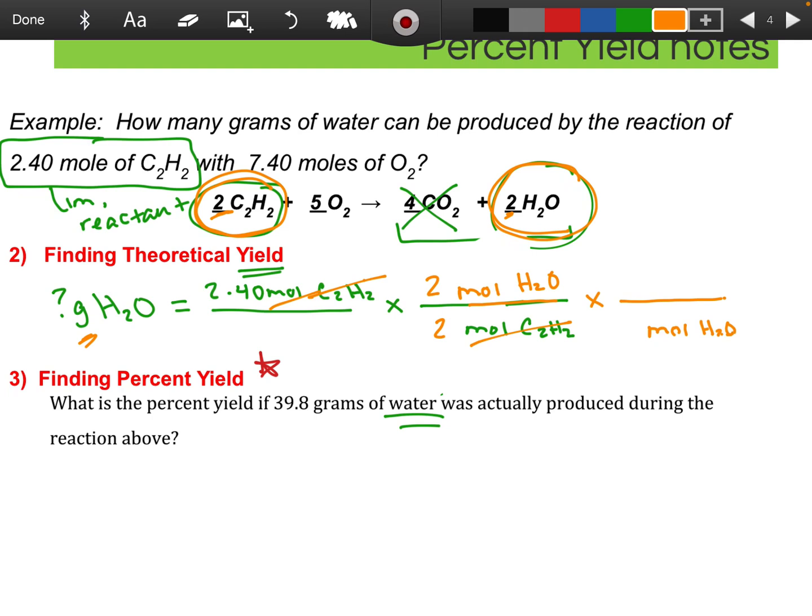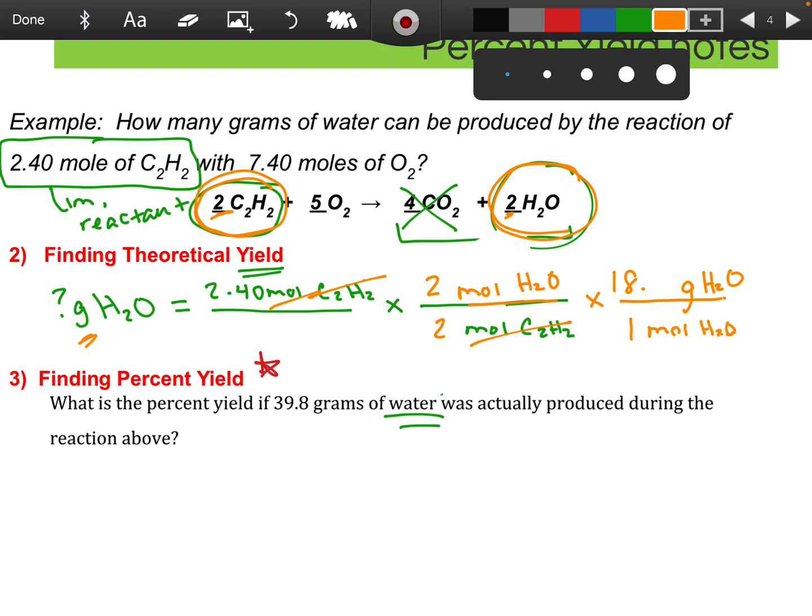When we're going from moles to grams, we know the molar mass is the amount of grams in 1 mole. So in 1 mole of water, we look on the periodic table to add up the mass of 2 hydrogens and 1 oxygen. Oxygen is 16.00 grams, and hydrogen is 1.01, and you have 2 hydrogens, so you have to take it times 2. That gives us a molar mass of 18.02 grams of water.